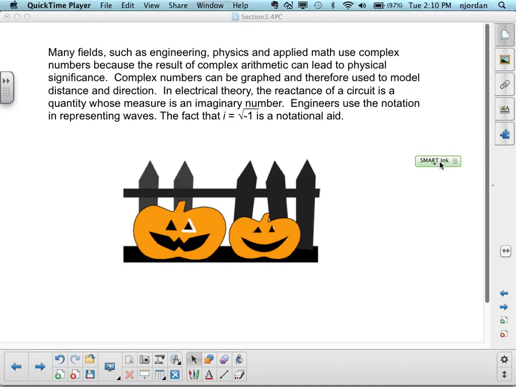A lot of scientific fields, some of you guys are going to be in advanced physics next year, and when we look at some vectors, they operate along the same premise of an a plus bi part to the values. So there are a lot of fields that are using complex numbers, and again, i equals the square root of -1, just a way of notating it.